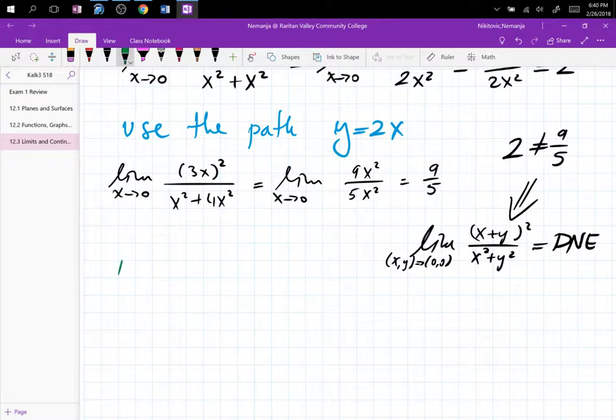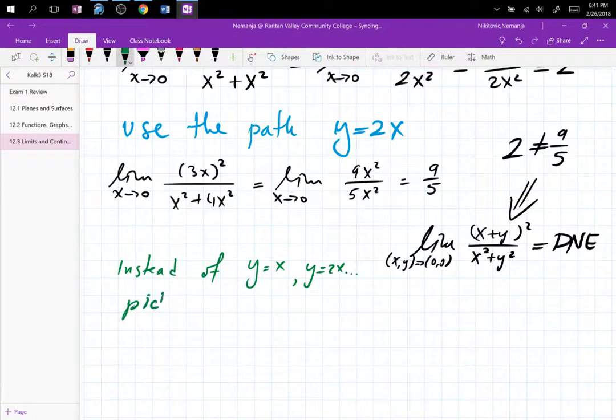Instead of fixing a value, instead of y equals x, y equals 2x, and so on, pick y equals mx, and then plug that into your problem.